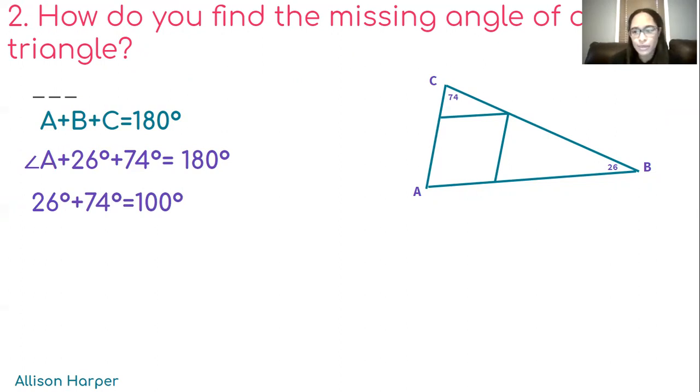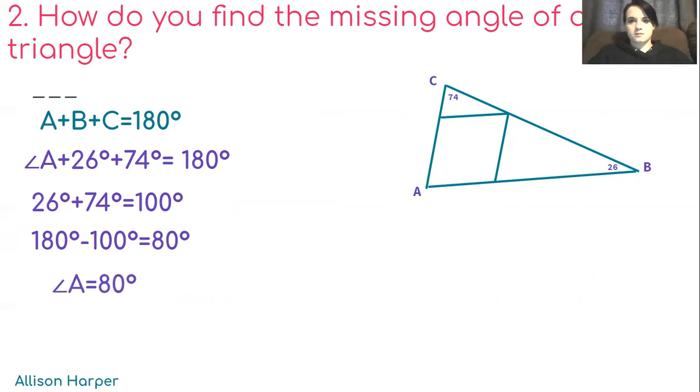We have angle B, which is 26, so we're going to plug 26 degrees in, as well as 74 degrees, and then we're going to set it equal to 180 so that we can solve for angle A. So we're going to add angles B and C together, which equal 100 degrees, and then subtract 100 degrees from our 180 to get angle A, which is 80 degrees. Good job, Allison. Thank you.